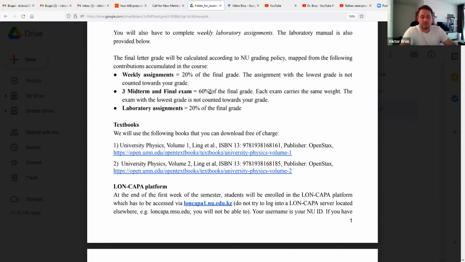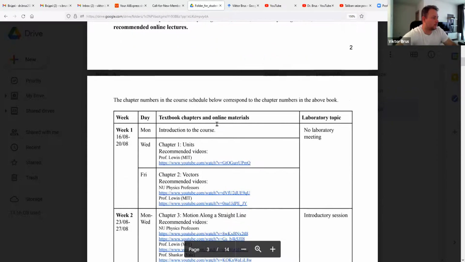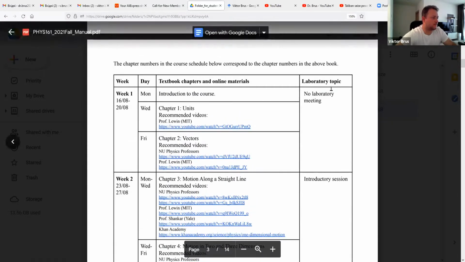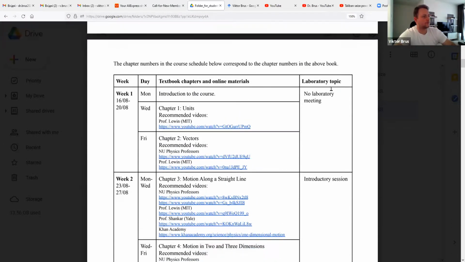So this will also be organized via the LongCAPA. So how it will work? We can take a look here on this schedule for the course.